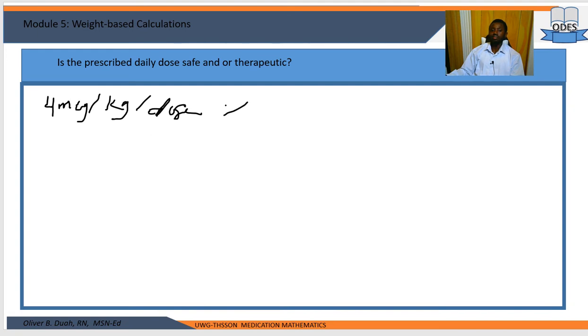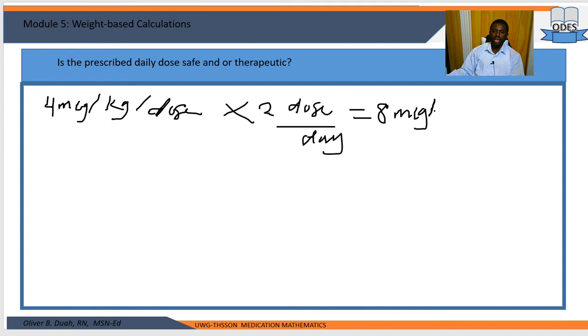And so we can just simply multiply this by 2 doses per day, and this will give us 8 micrograms per kilogram per day, because dose will cancel dose, and then we'll have microgram per kilogram per day. So this is our daily dose.